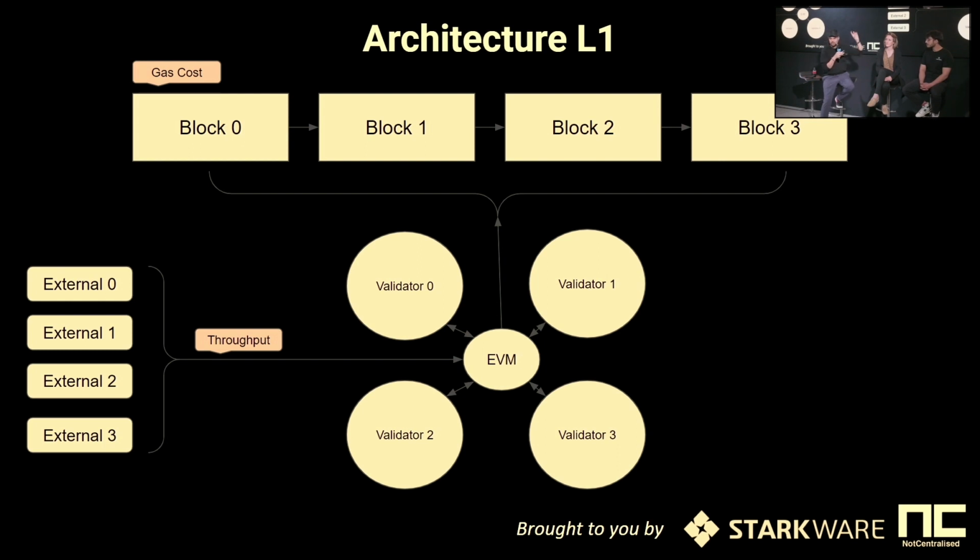Now, I know that there are a lot of people that think that ETH 2.0 is going to be cheaper than ETH 1, and the reason why that is not going to be the case, nor that it will have more throughput, is because the only thing that you're changing architecturally is that the validators stake instead of mine. But the amount of processing power to validate the transactions is still going to be the same. And the size that these transactions take up when they fill the blocks, measured in gas, is still the same. So again, there's not going to be a change there. So we still need L2s.